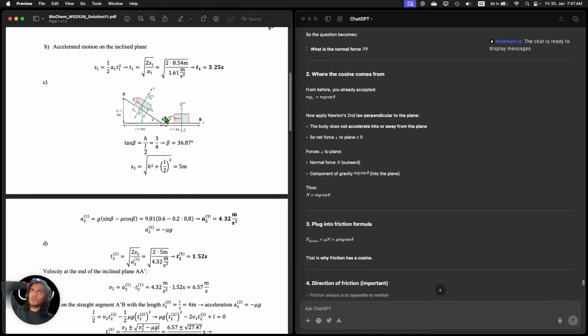it's either you have to find the final velocity from here.